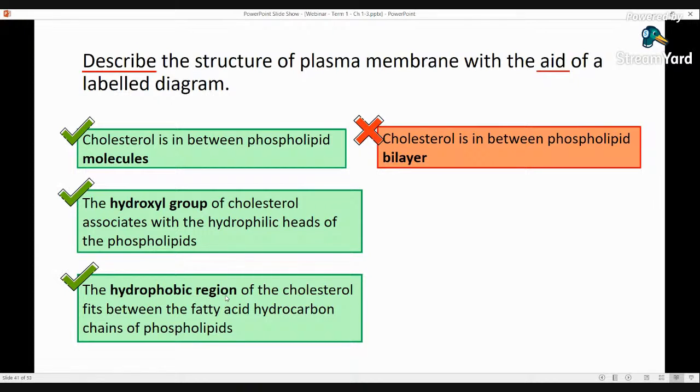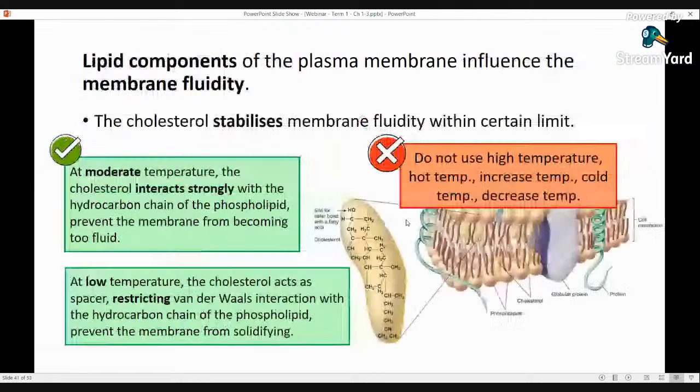Then the hydrophobic regions of the cholesterol fit between the fatty acid hydrocarbon chains of the phospholipid molecules. See, they are found in between the phospholipid molecules, not in between the phospholipid bilayer. So this is the cholesterol here. This is the OH, which I said is the hydrophilic region.